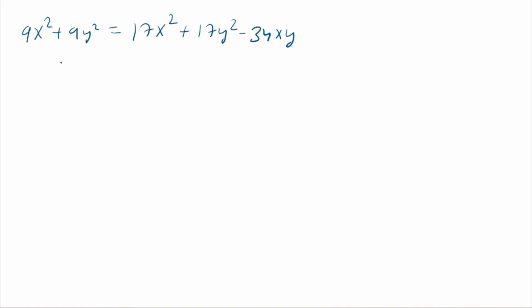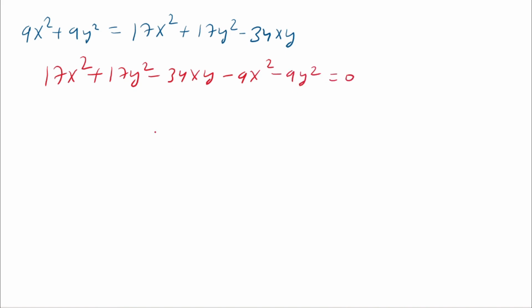If we take all the expressions to the same side, then 17x² + 17y² − 34xy − 9x² − 9y² = 0.